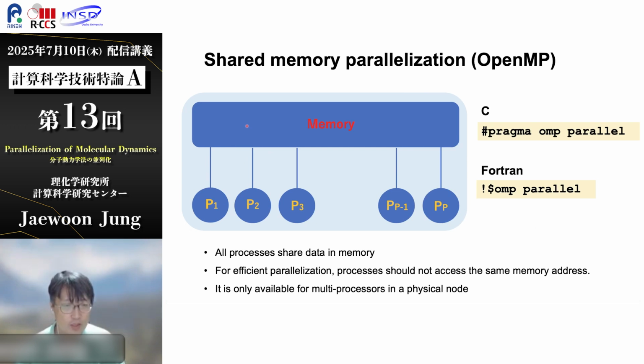And also, concurrent memory access should be avoided. So memory access is one of the most important considerations in shared memory parallelization. And this is available for multiprocessor in a physical node. So nowadays, in our node, we have 1 or 2 CPUs, and each CPU has multiple cores. In this case, you can use this shared memory parallelization.